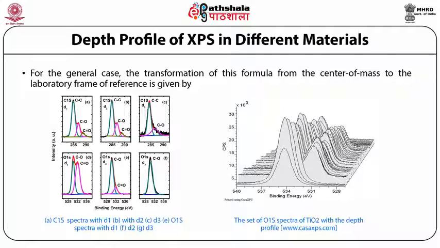In another example, figure 6 A, B, C provides information of the XPS spectra of C1s at various depth positions of D1, D2 and D3, where D1 is less than D2 is less than D3, performed for a graphene oxide coated indium tin oxide layer. Here, the appearance of peaks at binding energy 284.8 electron volt is assigned to C1s core level.